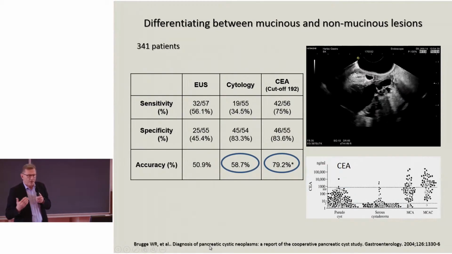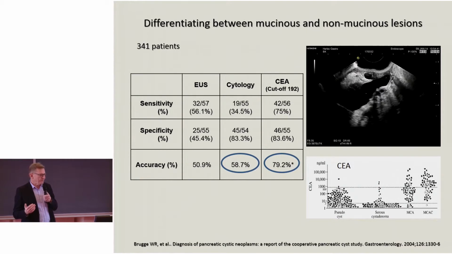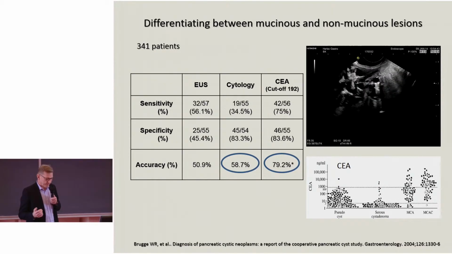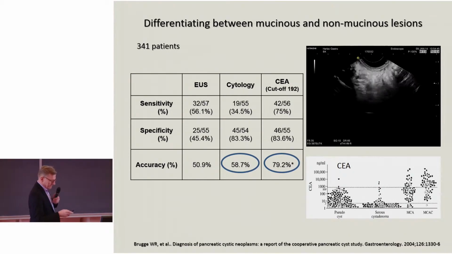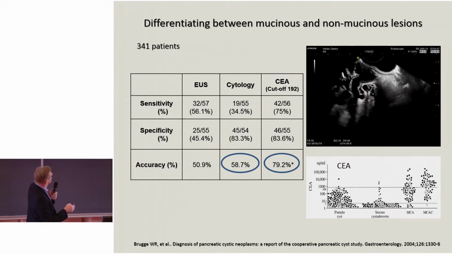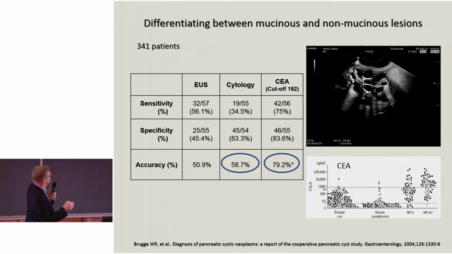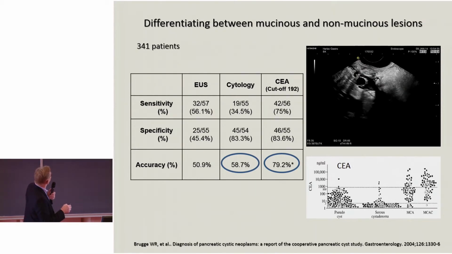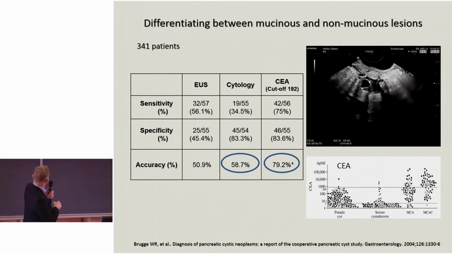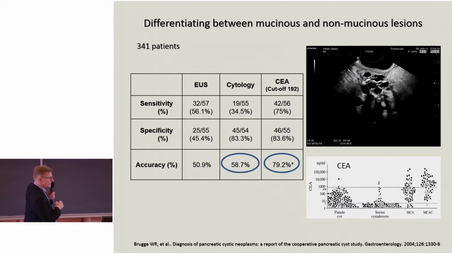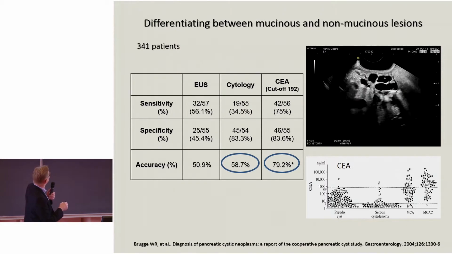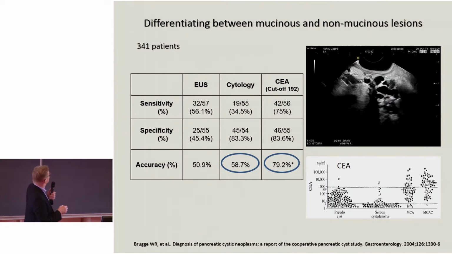When you look at the study literature, by the way, this is a mixed type IPMN involving both the main duct and the side branch ducts. If you look at the studies, this was the first study, and Bill Brugge has done great work with this to characterize what is the best.